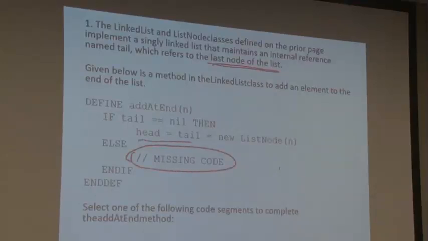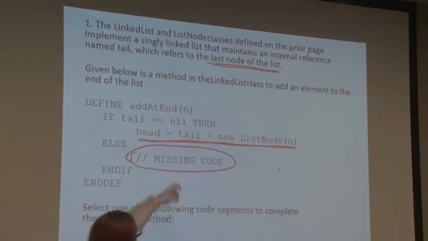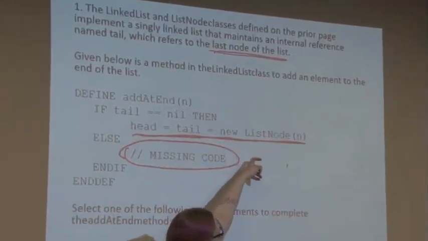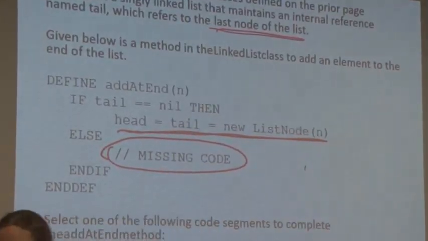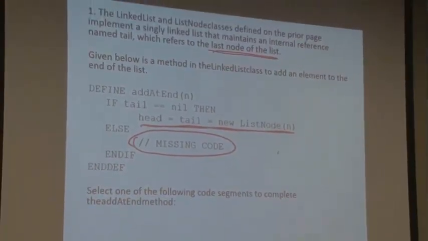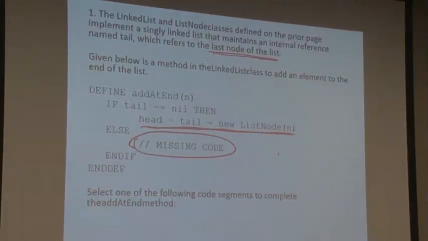We also give them what to do if the list is empty. What this also does is give them a pretty good example of how we create a new list node, right? We're literally saying, okay, we're going to take a variable in here and then create a node, and that's going to look like that. So this should also give them a pretty big hint about what this code is going to look like.